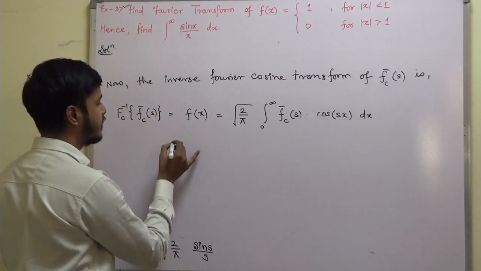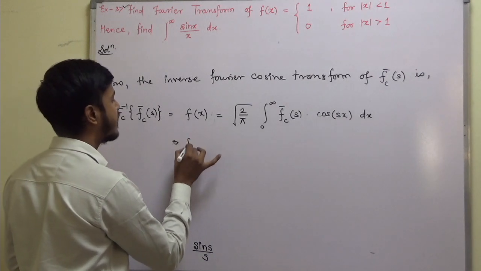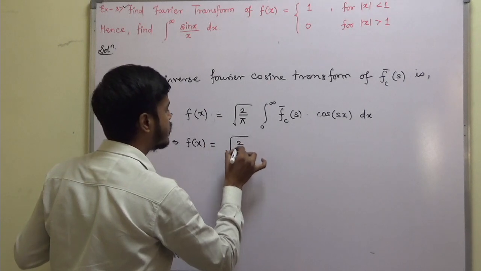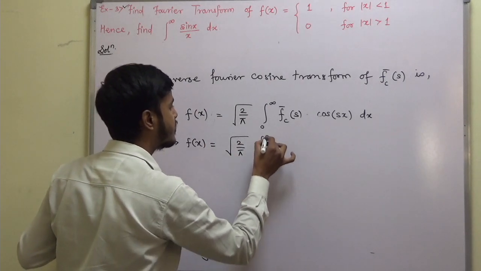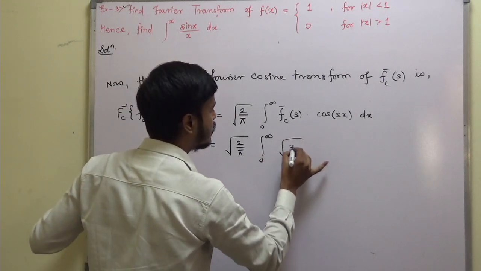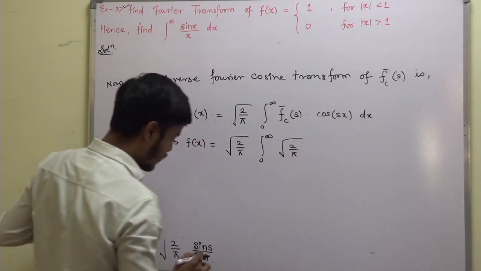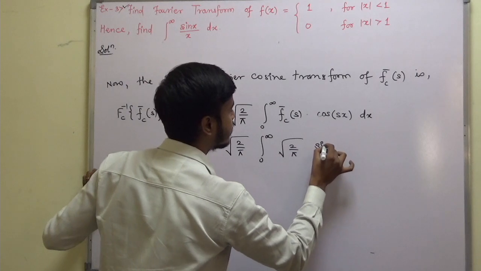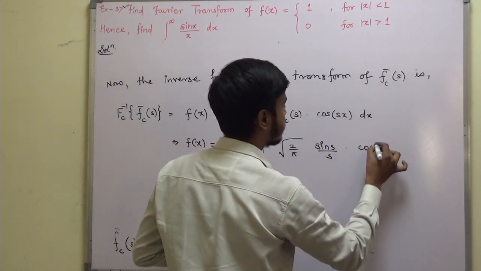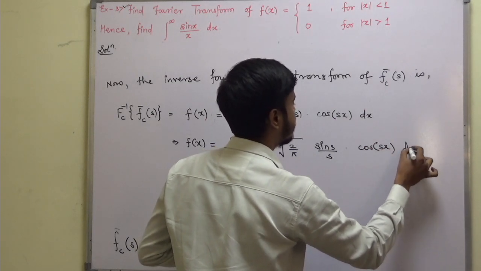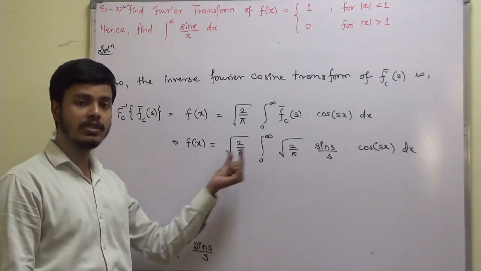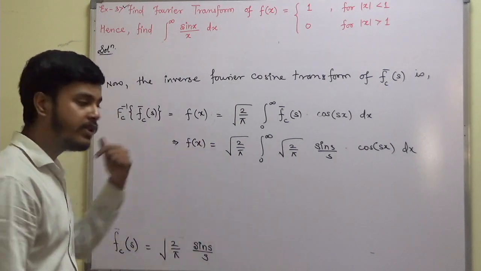So this is f of x, this implies f of x is equal to under root 2 by pi integration 0 to infinity. What is this value? This value is under root 2 by pi into sine s upon s into cos sx dx. Simple. Now what you can do, you can just take this to the outside of the integration.